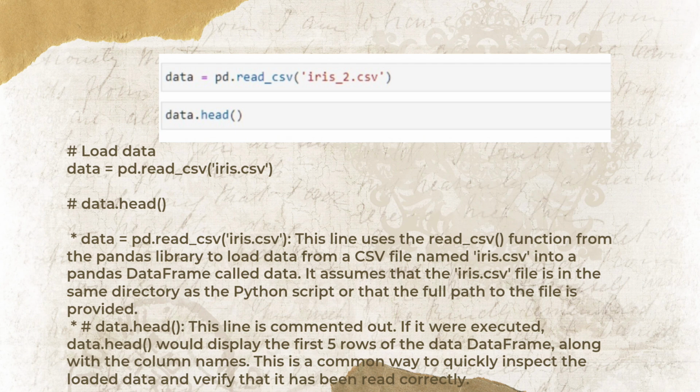It assumes that the iris.csv file is in the same directory as the Python script or that the full path to the file is provided. data.head. This line is commented out. If it were executed, data.head would display the first 5 rows of the data frame, along with the column names. This is a common way to quickly inspect the loaded data and verify that it has been read correctly.